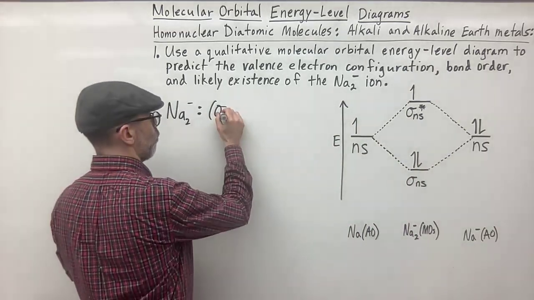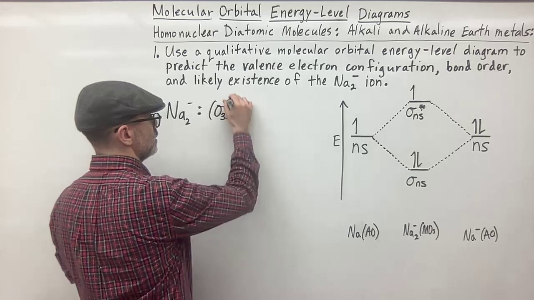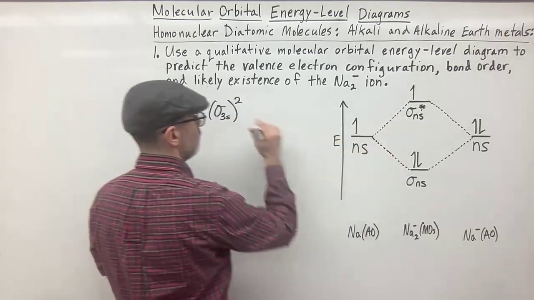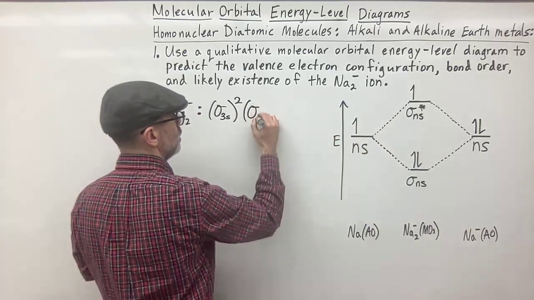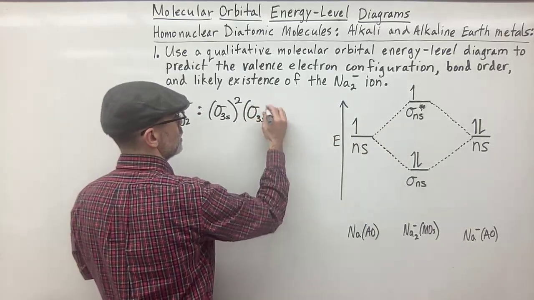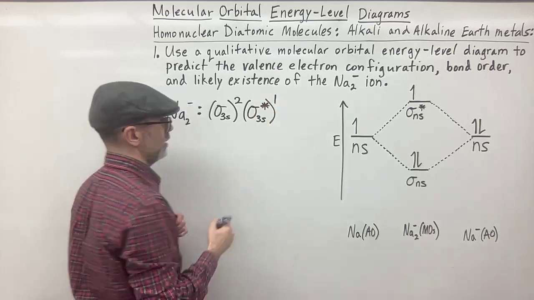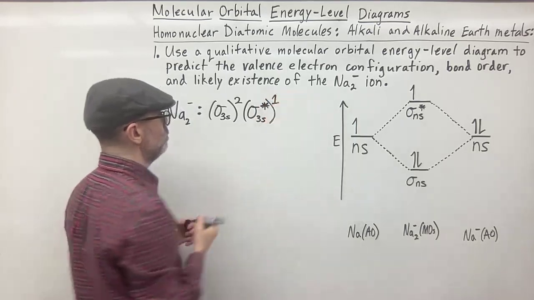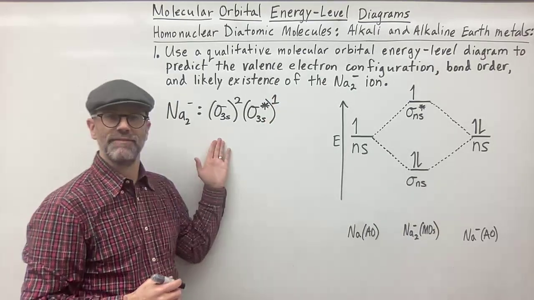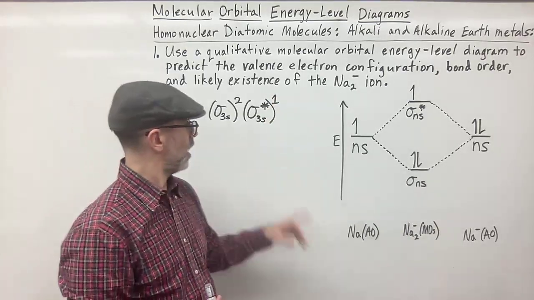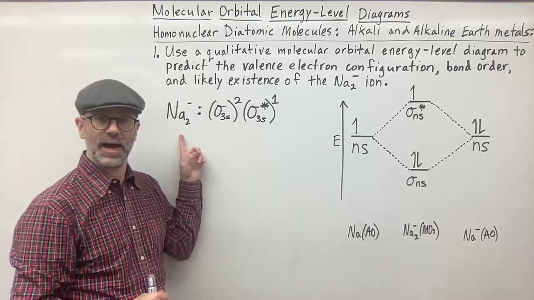So it'd be sigma 3s with two electrons, and then we have the sigma 3s star with one electron. And so that would be the valence electron configuration for the Na2 minus ion.